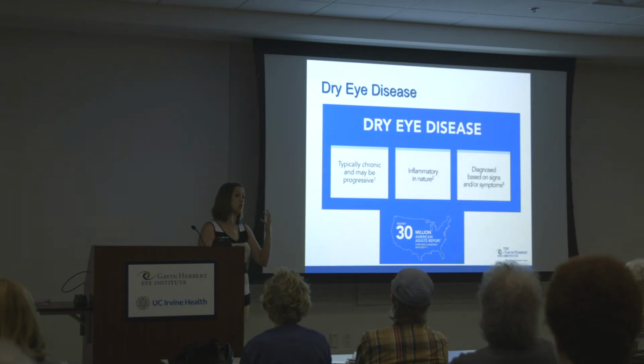Sometimes that's because the nerves of their cornea have dulled a little bit, so they're not feeling it. Conversely, sometimes patients complain very severely of discomfort, burning, itching, all the symptoms of dry eye disease, but they don't necessarily show a lot of the signs on exam. Both are important and both need to be treated, from different angles.